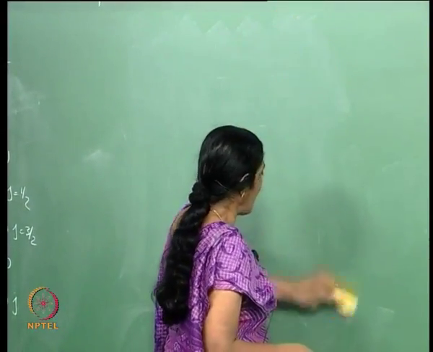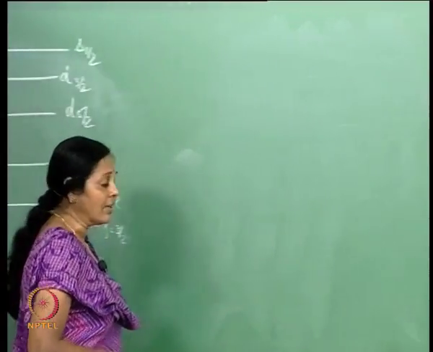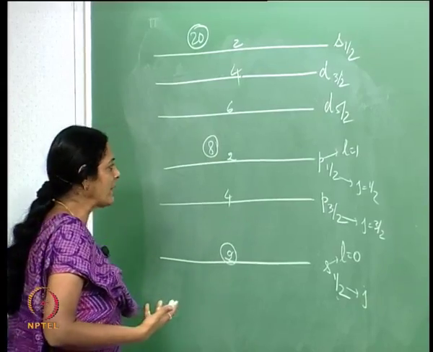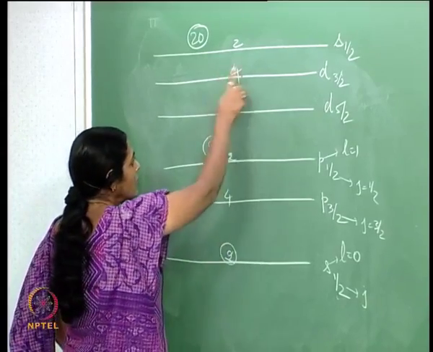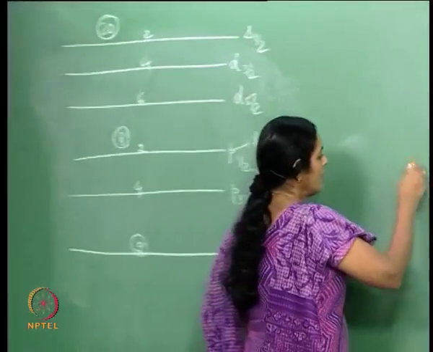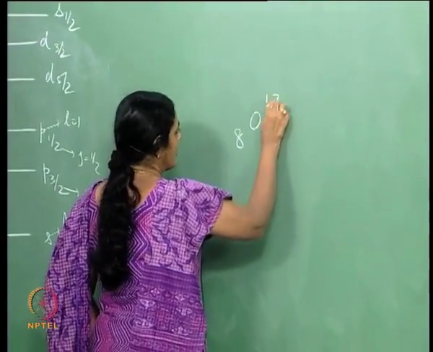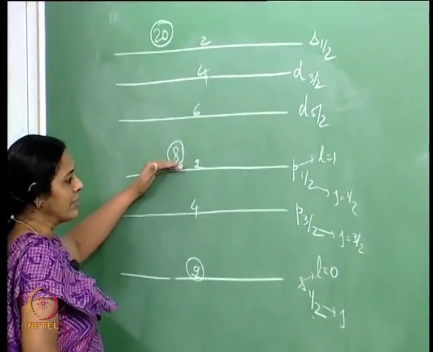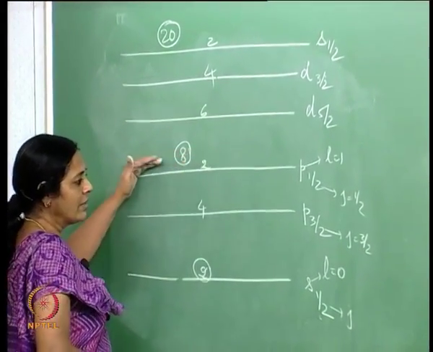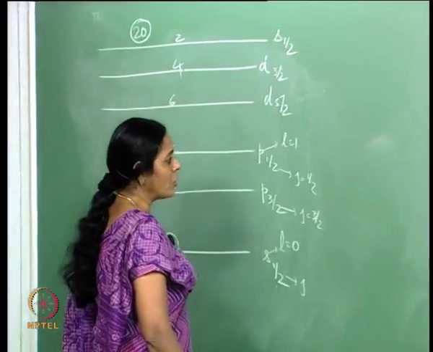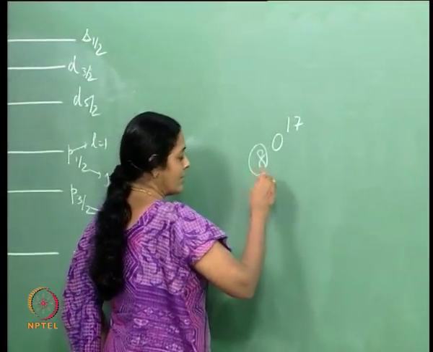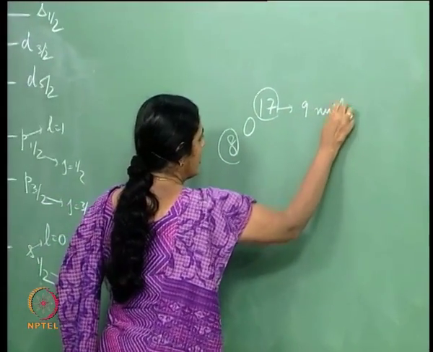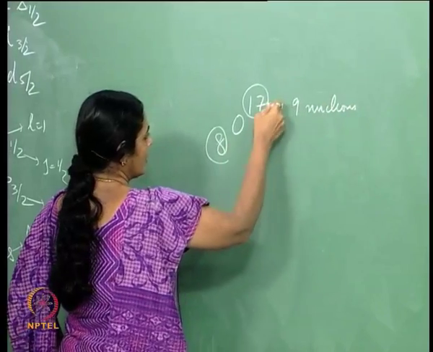Since the parity is -1 to the L, these are all problems where there is a central potential, and you always look for the outermost shell. For instance, if it is 8O17, these 8 nucleons are already filled, it is a closed shell there, and there is no question of it contributing to parity, which is -1 to the L. But look at these, there are 9 nucleons here, because that is a total of 17.